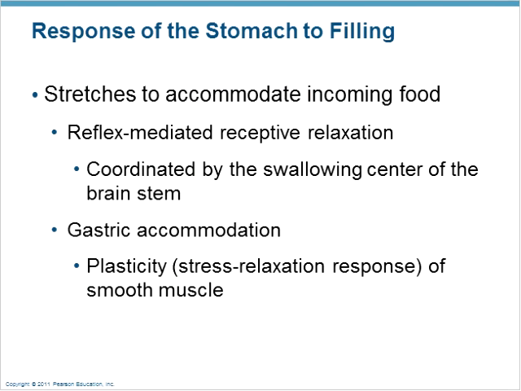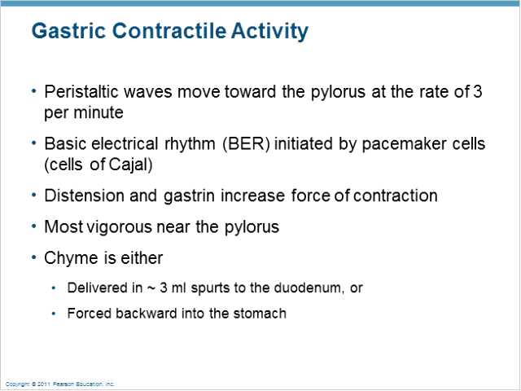In response to stomach filling, the stomach stretches to accommodate incoming food. There's a reflex-mediated receptive relaxation, which is coordinated by the swallowing center of the brainstem. The gastric plasticity, the stress relaxation response of the smooth muscle, helps to make that happen.